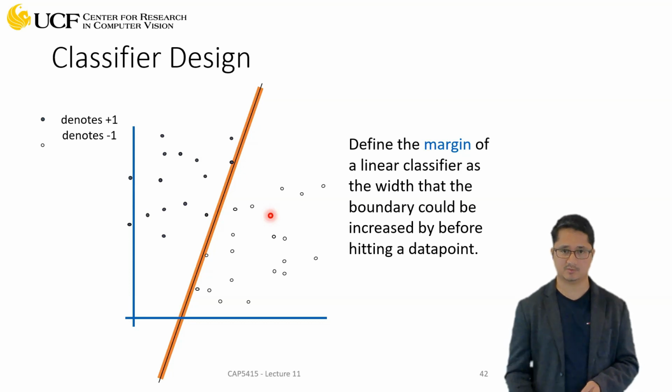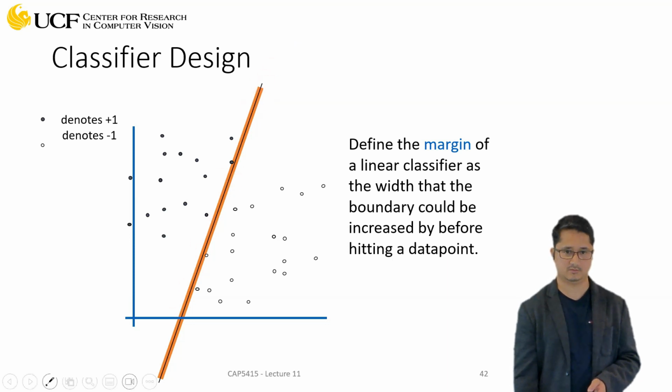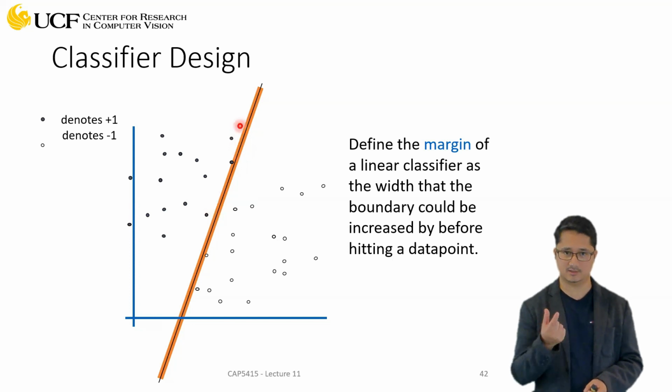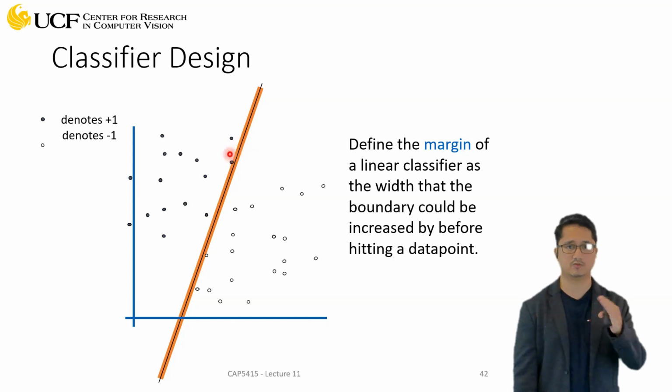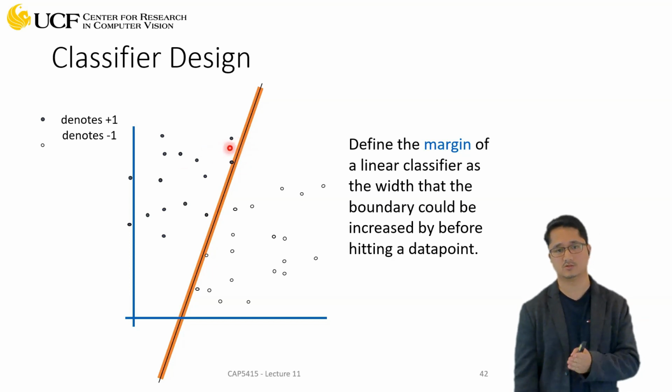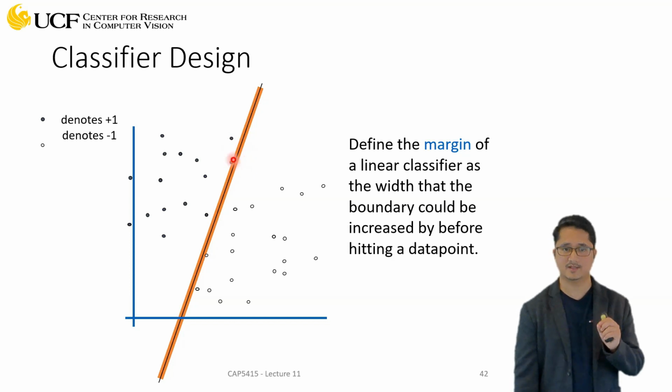Okay, so let me try to explain what this margin is. The black line is the decision boundary. All right. And if you look carefully, the orange patch is extending from this decision boundary towards the classes. So it's extending towards left, and it's also extending towards right. And it will keep extending until it touches any training sample. So in this case, it's touching this sample.